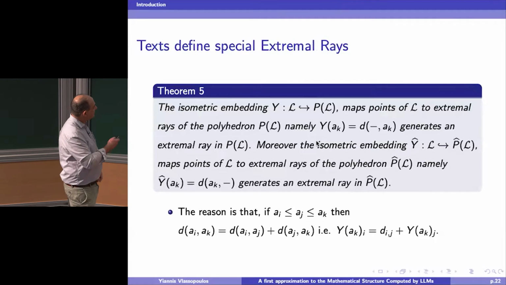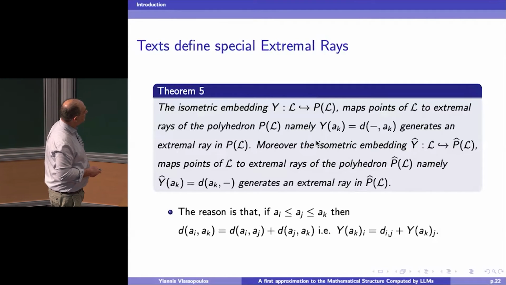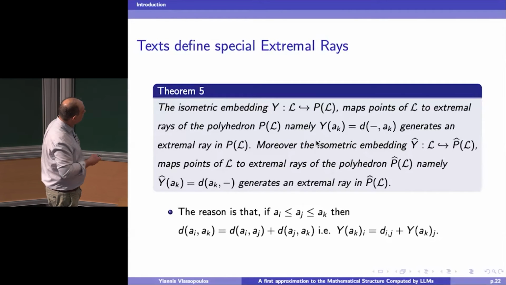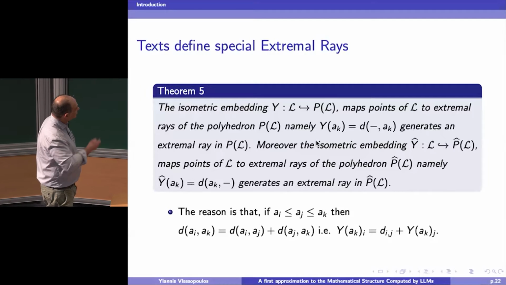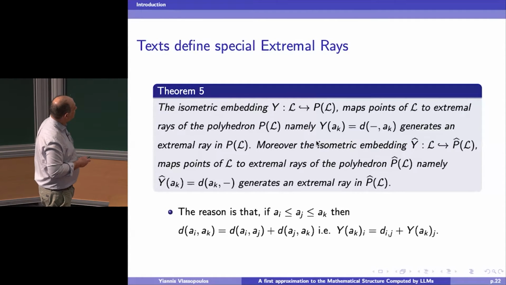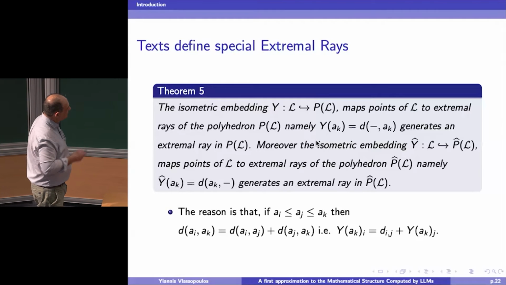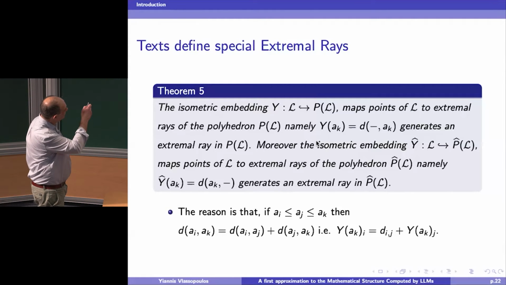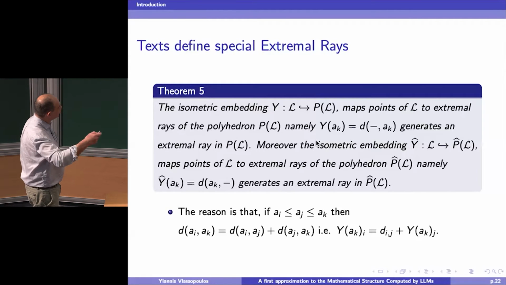Basically the theorem says that the Yoneda embedding, the map that sends AK to the function y of AK, which is the distance from everything to AK, generates an extremal ray. And there's an analog for the co-Yoneda embedding, which is the extensions of AK.